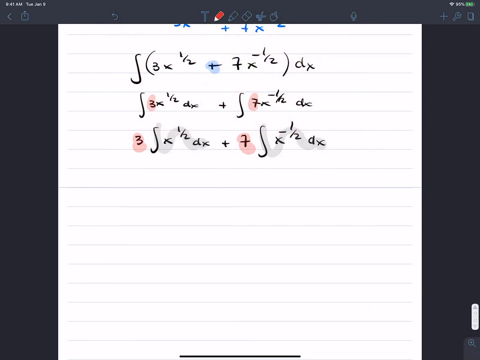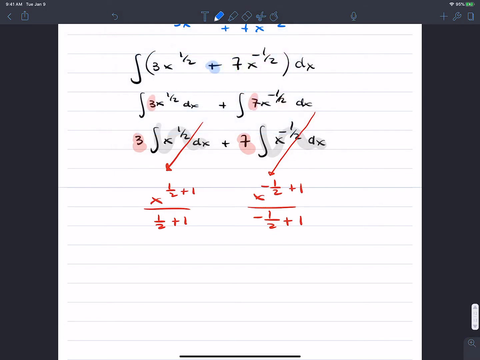So this integral here will be x to the 1/2 plus 1 over 1/2 plus 1. This is going to be x to the minus 1/2 plus 1 over negative 1/2 plus 1.